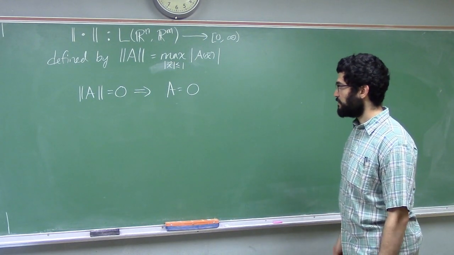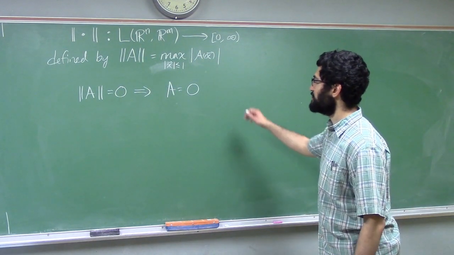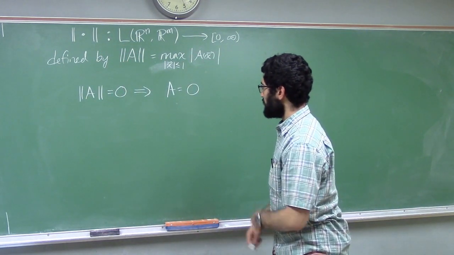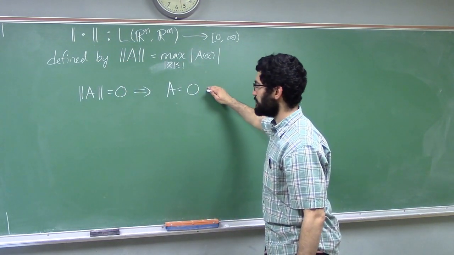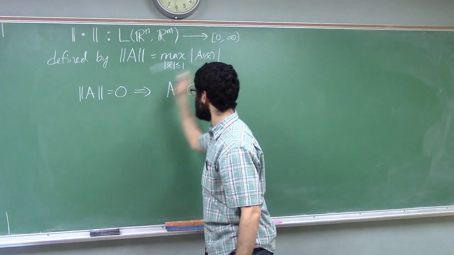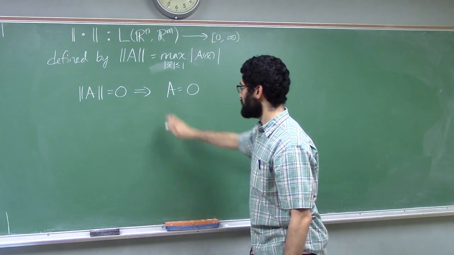In general, when one talks about norms, one talks about norms on vector spaces. So what we're doing is equipping this vector space with a norm. This is the first thing that makes it a norm: it only takes non-negative values, and it's only 0 when the thing that you're taking the norm of is 0.